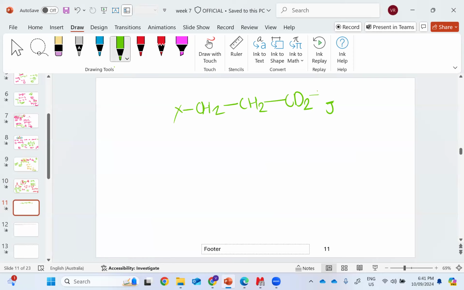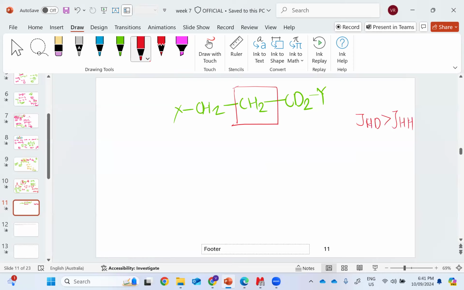Also, there is another Y group on this side, and now we have to only focus on the in-between CH2. So what will be the multiplicity of this CH2 highlighted in the bracket? Also, in the condition we have given JHD is greater than JHH.